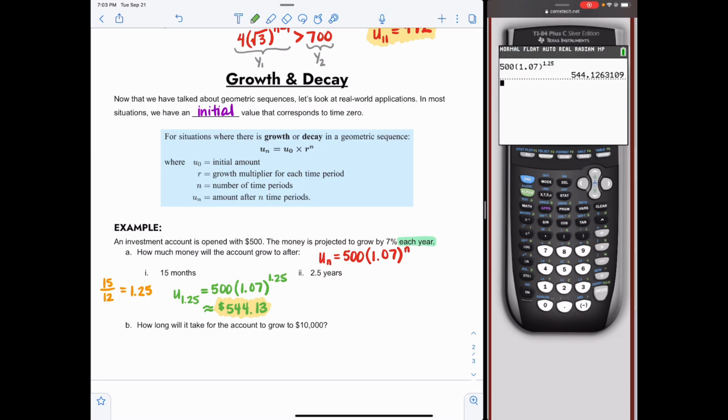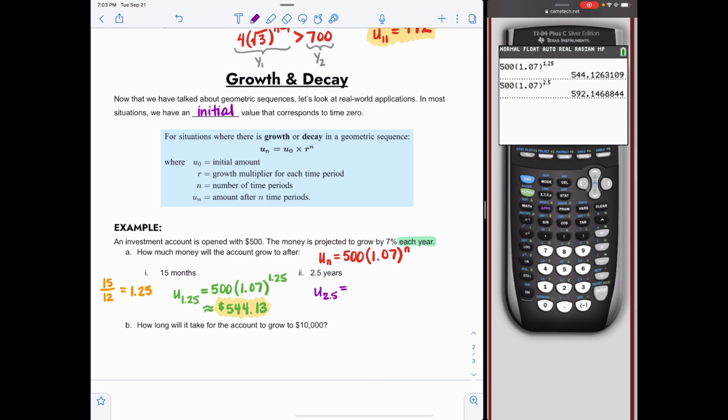So now for part 2, we want to figure out how much is in the account after 2.5 years. So I'm going to copy the same exact formula down, and I'm going to put 2.5 for 2.5 years. We do not have to convert that one because it is already in years.